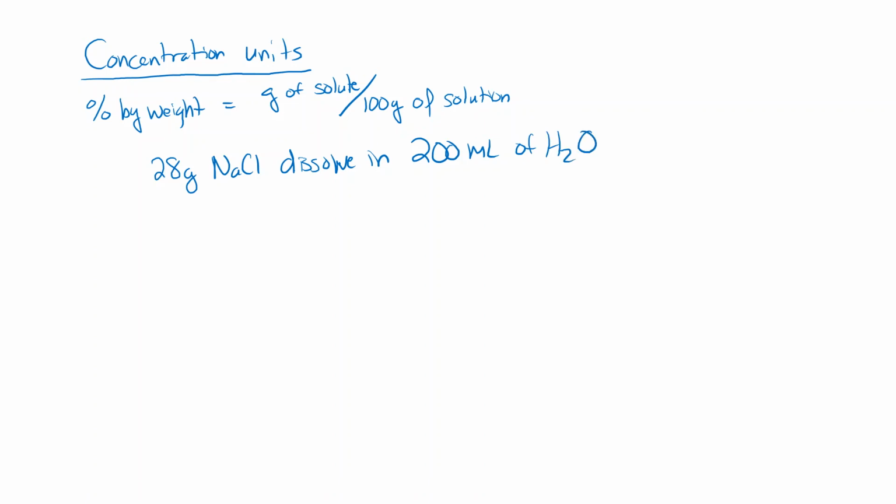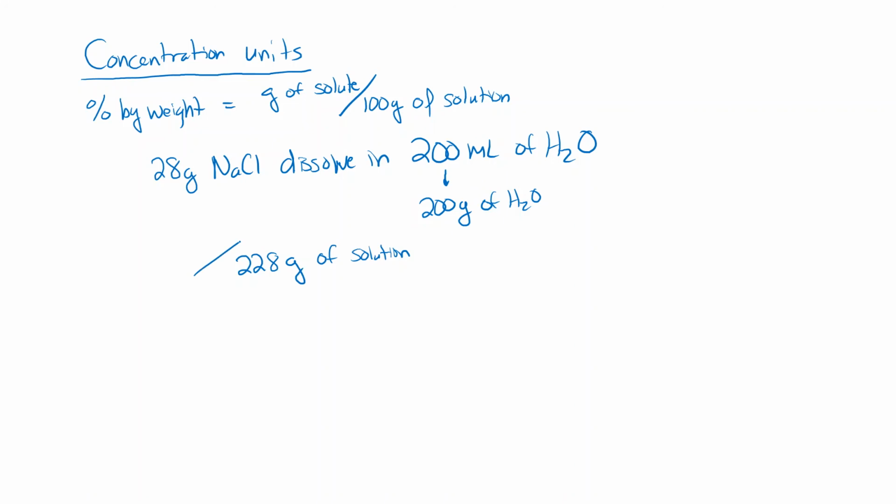First of all, water has a density of 1, and so 200 milliliters of water is 200 grams of water. If we add these together, we get 228, and that is the number of grams of our solution.